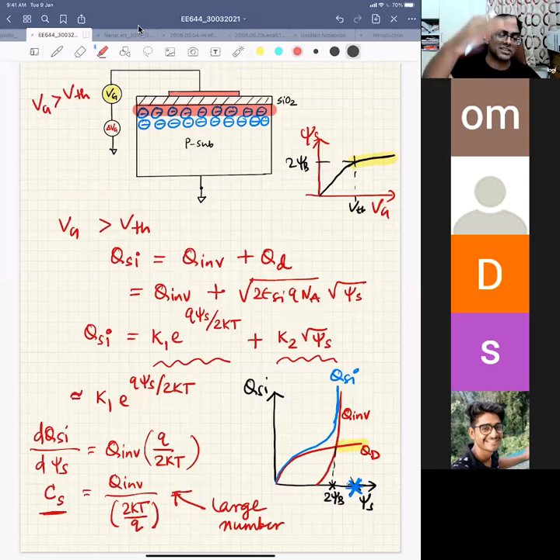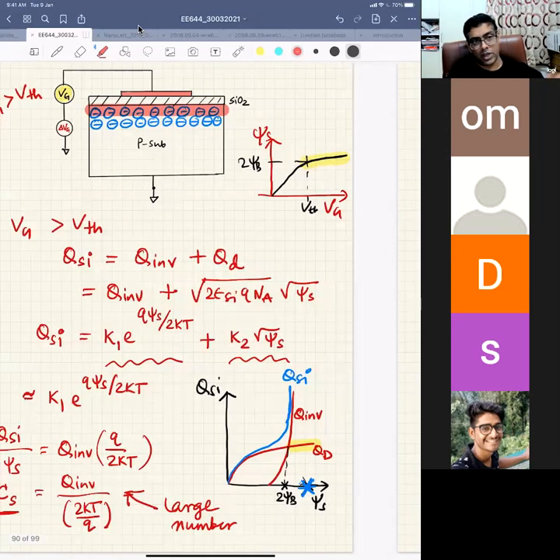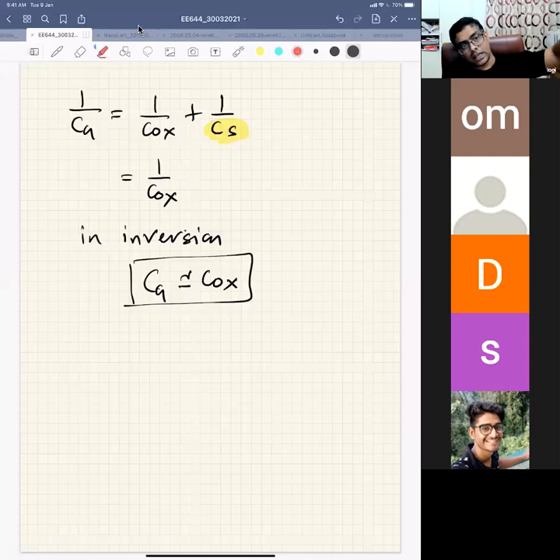So you could think of it as a parallel plate capacitor: one plate is your sheet of electrons, the other plate is your gate, and you have oxide thickness in between. So your capacitance will be simply Cox. In accumulation, your capacitance is Cox. In inversion, your capacitance is Cox.